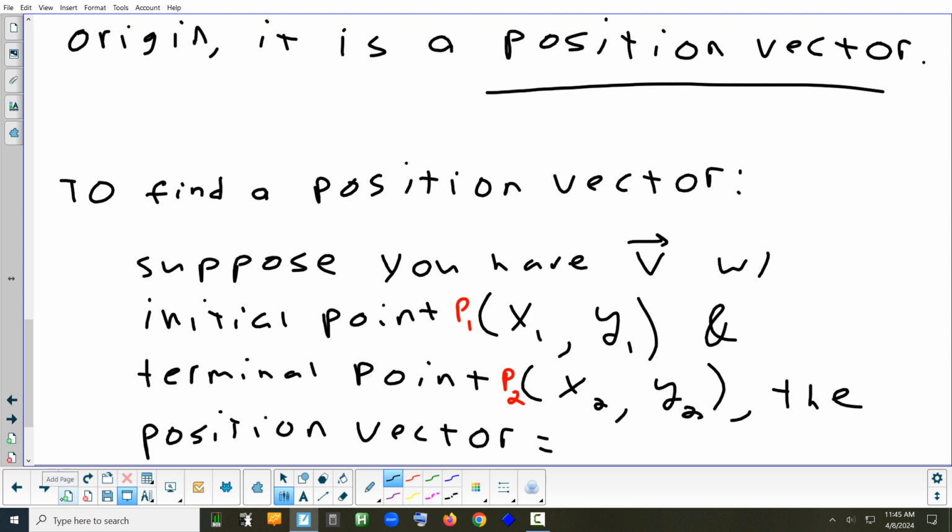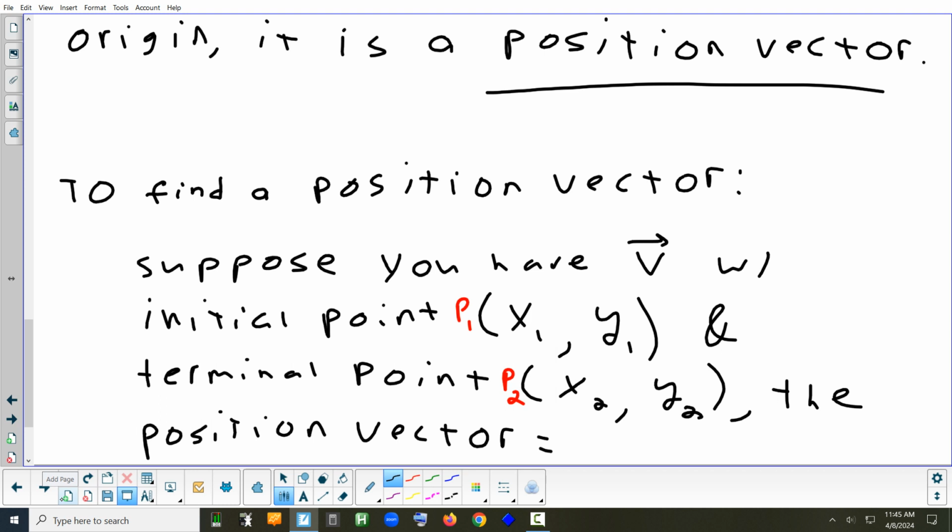Alright, so to find a position vector, if you have a starting and a stopping point, if they name your points P1 and P2, and they don't tell you which one is which, you can assume P1 is the start, P2 is the stop. But in this case, I'm spelling it out.